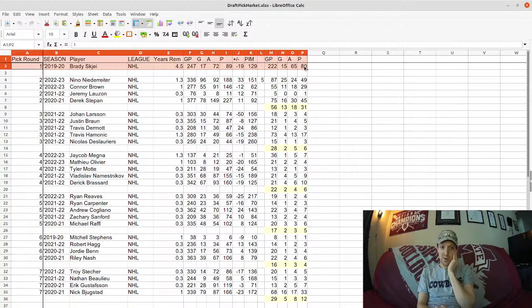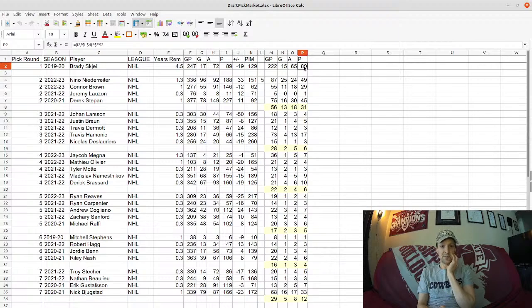So Brady Ski, I think is how it's pronounced. I don't know the team that traded for him. I think it was Carolina. I believe Carolina. They got him with 4.5 years remaining.